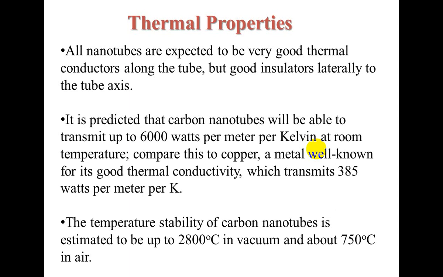Compare this to copper, a metal well known for its good thermal conductivity, which transmits only 385 watts per meter per Kelvin. What an important property of thermal conductivity. The temperature stability of carbon nanotubes is estimated to be up to 2800 degrees Celsius in vacuum and about 750 degrees Celsius in air.